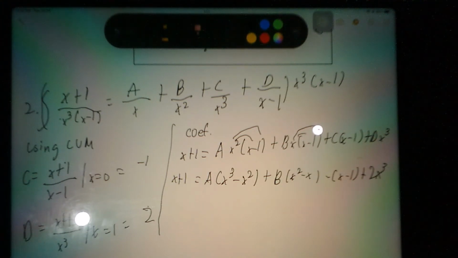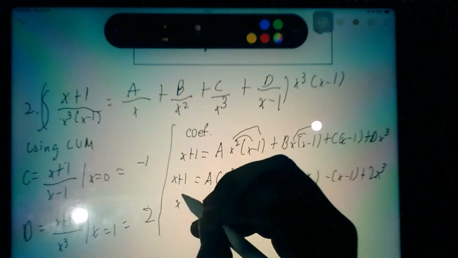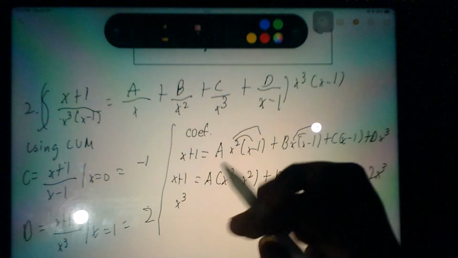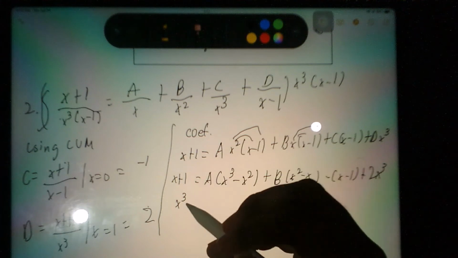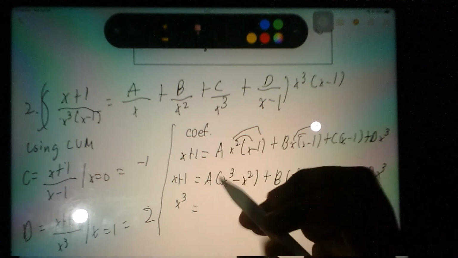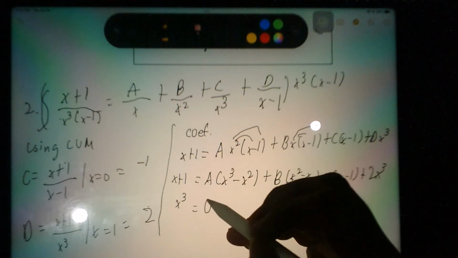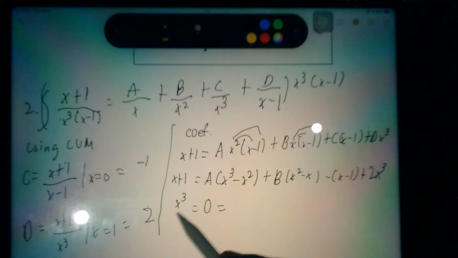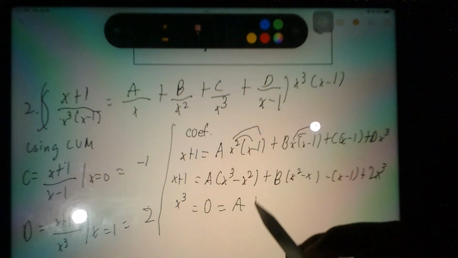Now we are going to find the values of each. The first value is x cubed in a, so let's replace a with x cubed. Is x cubed found here? No, so this becomes 0 equals a, plus.